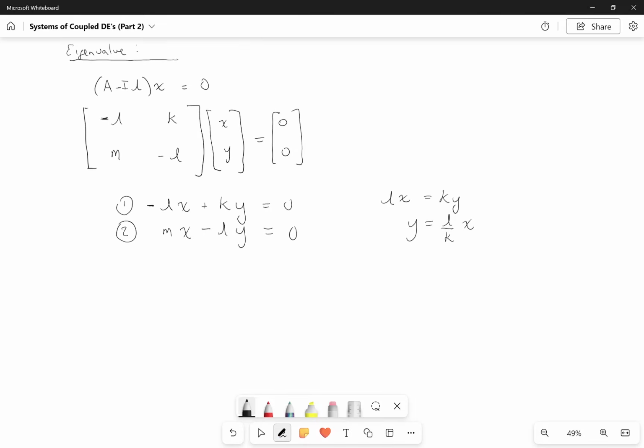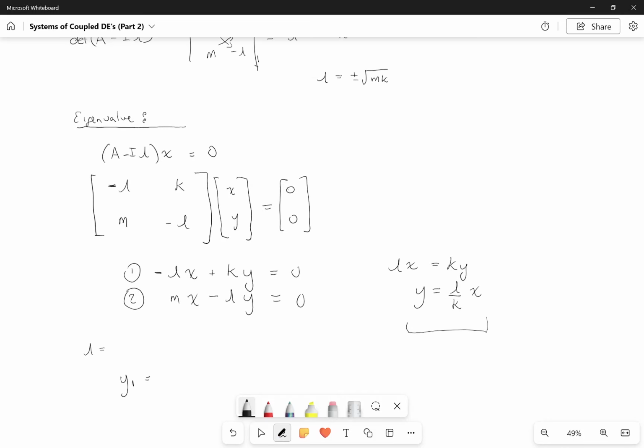So our equations, regardless of what the eigenvalues are, and just solving for lambda here, given y, we have this guy, and we got different lambdas. So let's go y1. Now we're going to plug in lambda is equal to, we said, root mk.